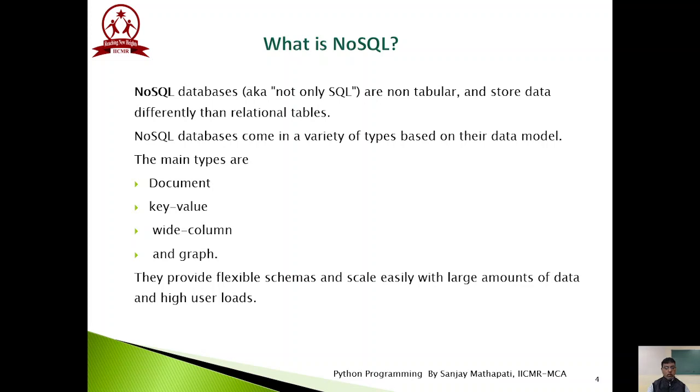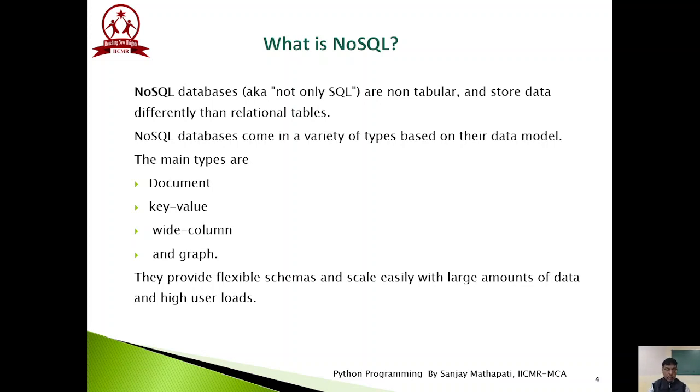So let's start with the first question: what is NoSQL? Generally people say NoSQL means it is not only SQL. Not only, and not no; there is a difference. We know what exactly SQL is, but generally people use the term NoSQL database to refer to any non-relational database.